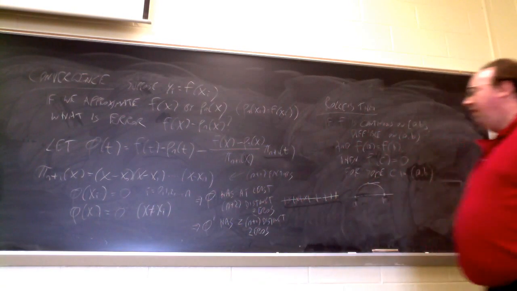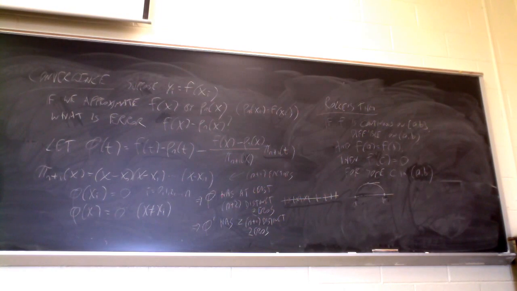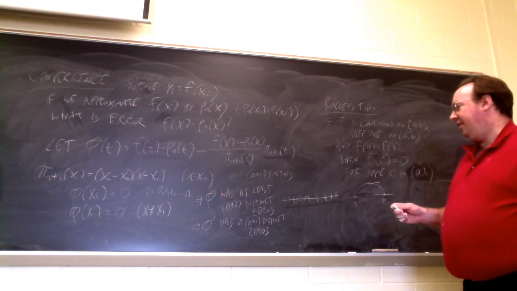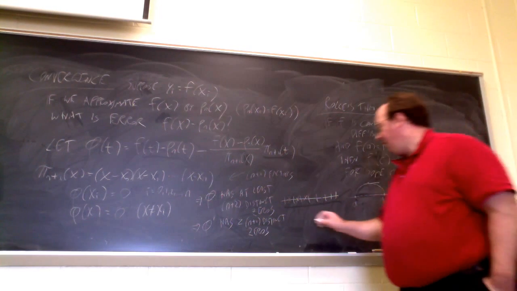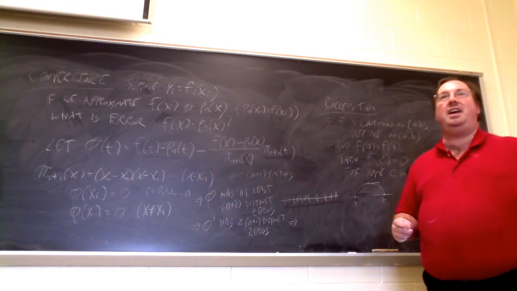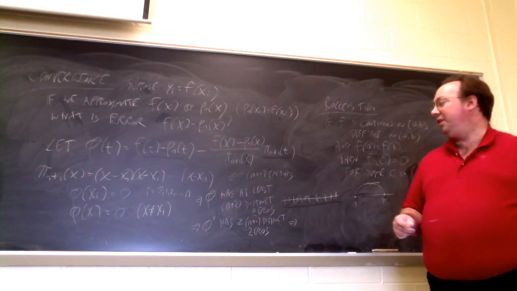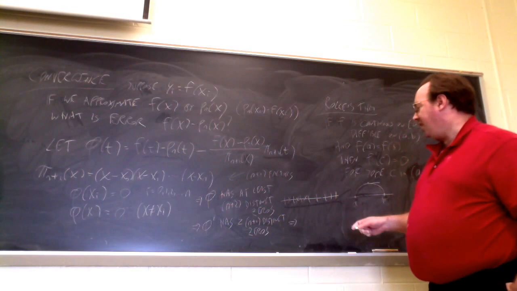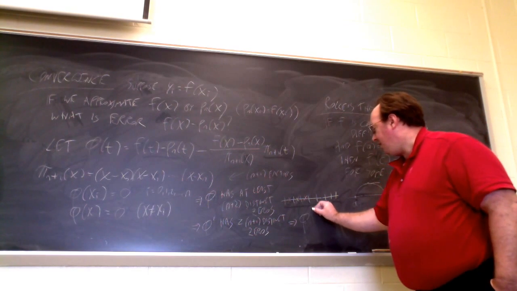Okay. Now, I can keep going. So for instance, phi double prime would have at least n zeros and so forth. So how far can I keep going?